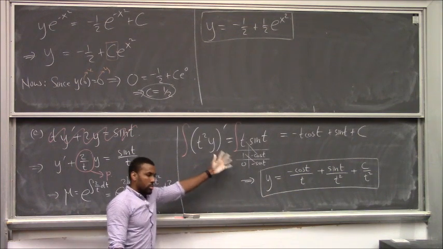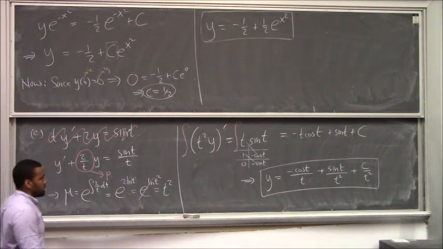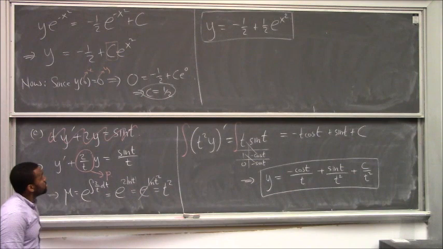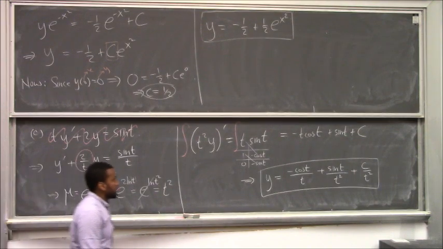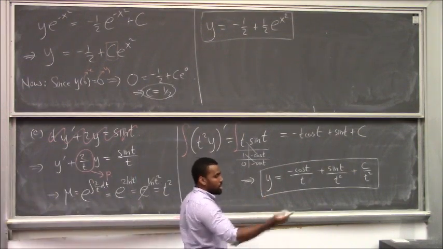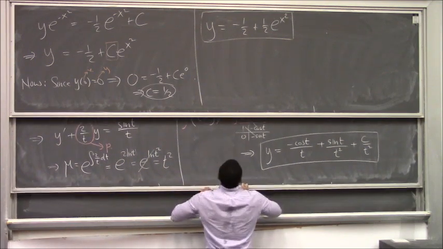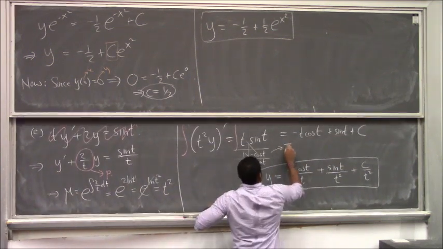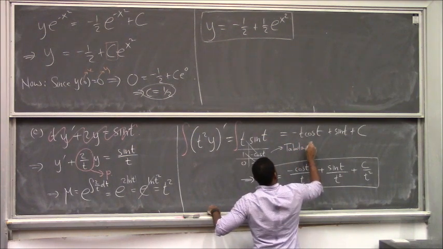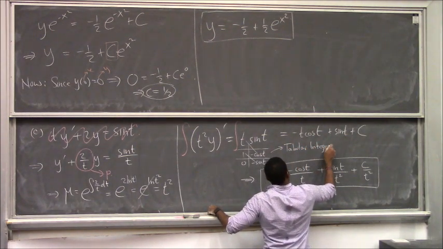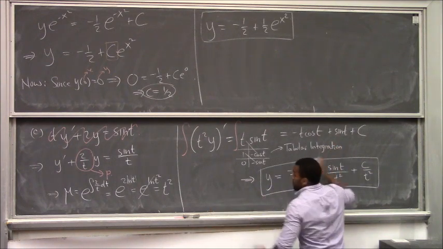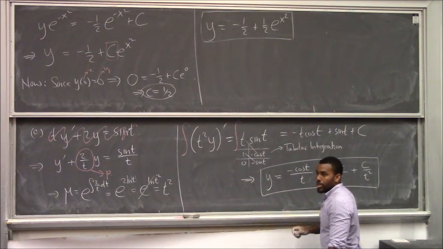That's tabular integration. It can make integration by parts easier. I mean, it's kind of overkill for this, but you could write it down. What did you call that? Tabular integration. I said you make a list and you make a bunch of arrows and then the answer pops up.